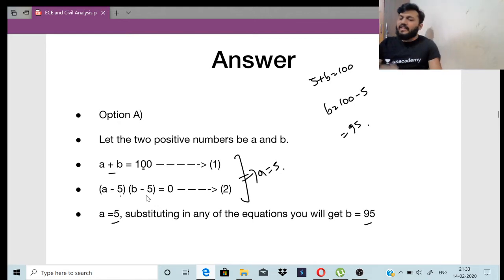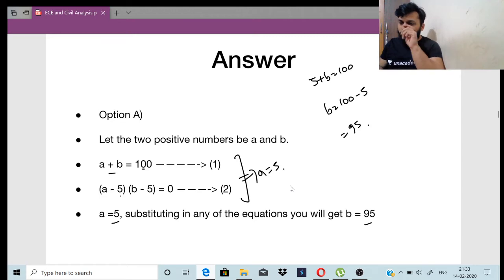Yeah, you can take anything. I solved for A and I got A equals 5. You can solve for B and get B equals 5. That's not a problem here. The two numbers will be 5 and 95.